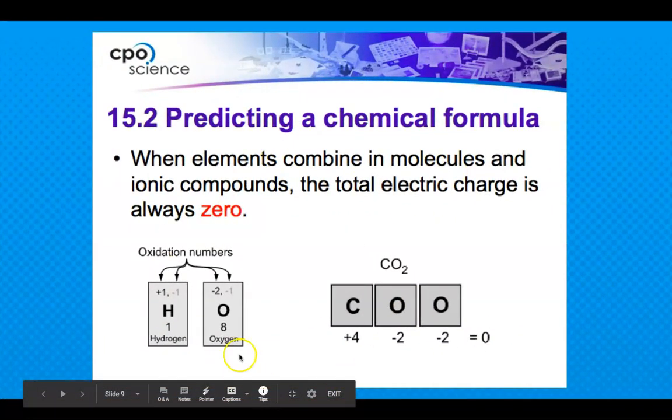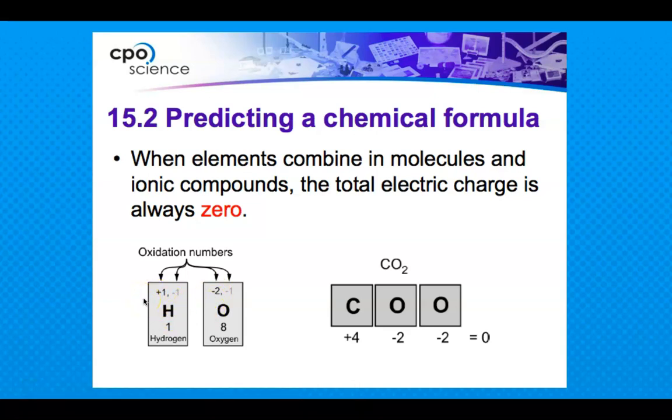This is where we're going with our next lesson, but I just wanted to show you so it makes sense. Lots of periodic tables will actually show the oxidation number in the periodic table. But when we try to predict molecules, the total charge has to add up to 0. So when you add all the oxidation numbers of each element, it should come to 0.